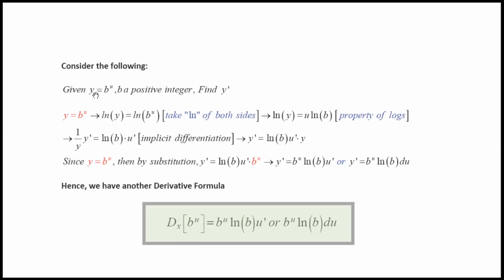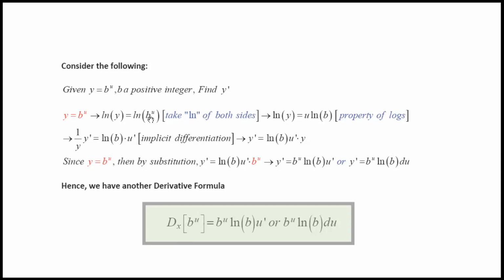a formula for finding, given y equals b to the u, where b is a positive integer, find y prime. So let's start. y equals b to the u. First thing I'm going to do is take the log of each side of the equation. That's what I've done. Natural log of y, natural log of b to the u.